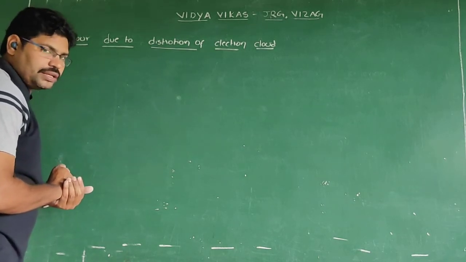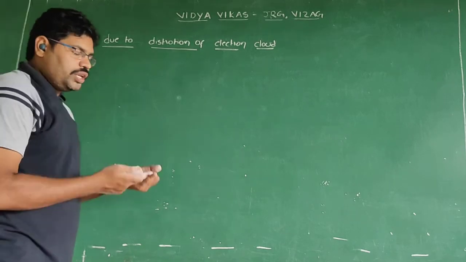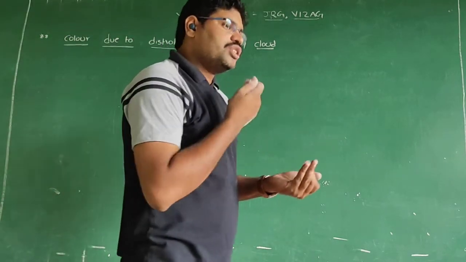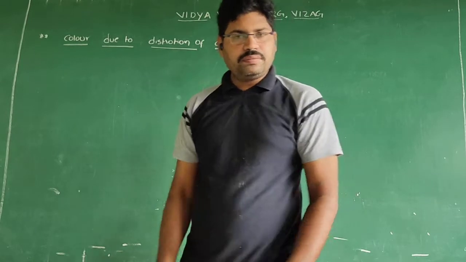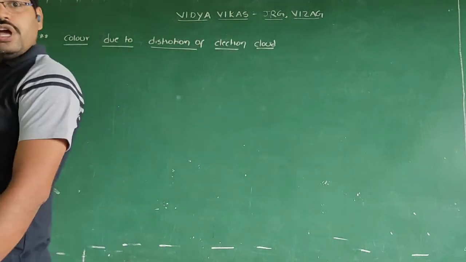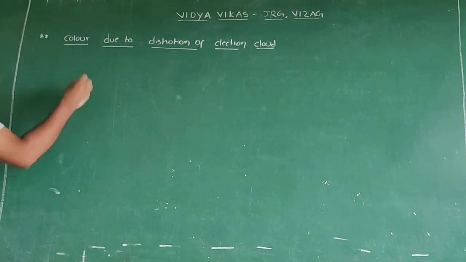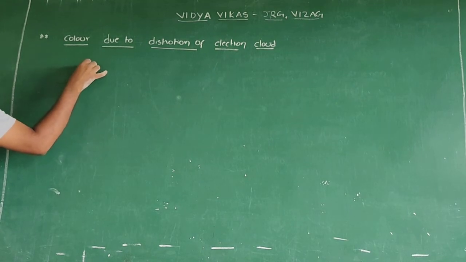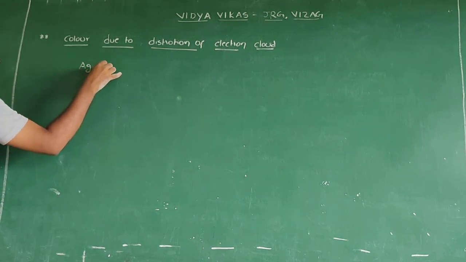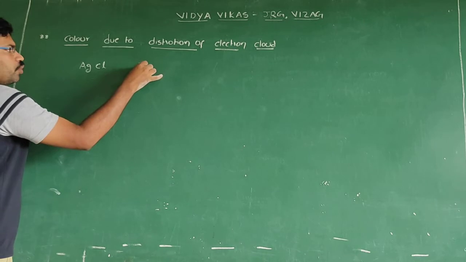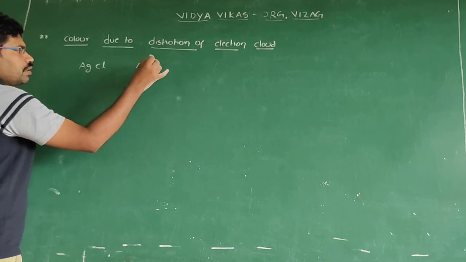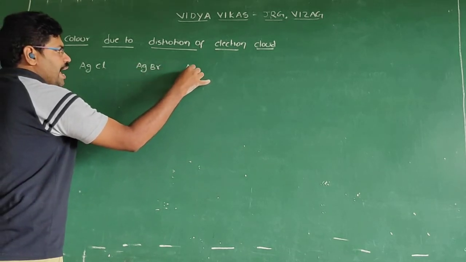I remember that thing. Estimation of chlorine, estimation of bromine, and estimation of iodine by the Carius method. In that method, we found chlorine as AgCl, bromine as AgBr, and iodine as AgI.